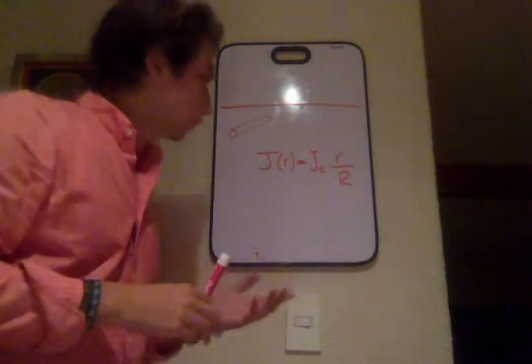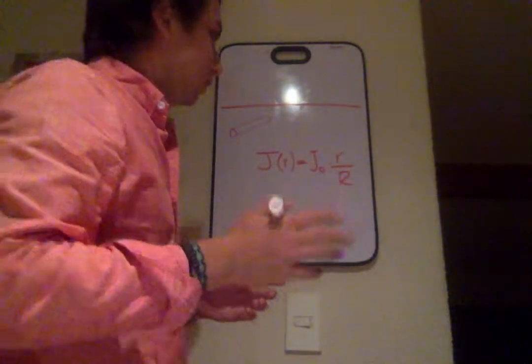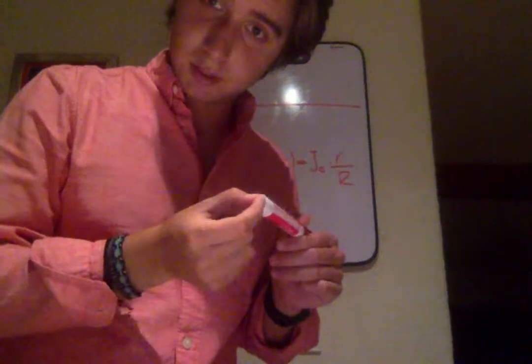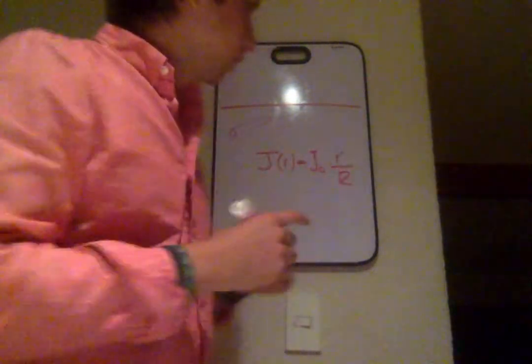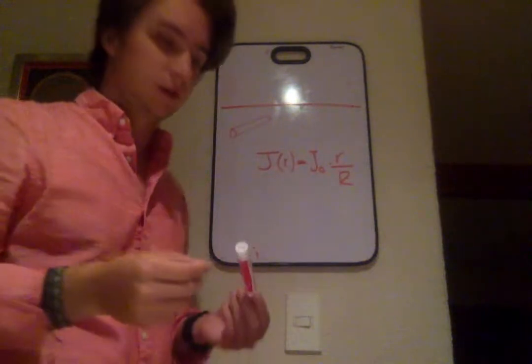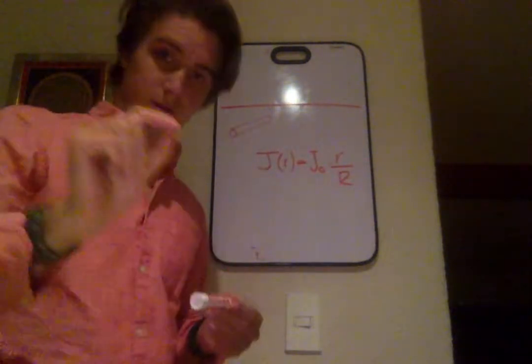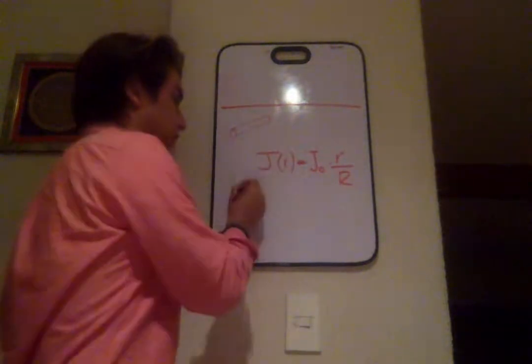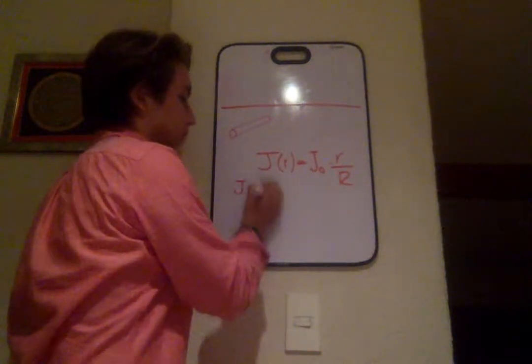So if we locate ourselves just at the center, where the radius, the small r, is 0 because it's just a dot inside, then J would be 0.